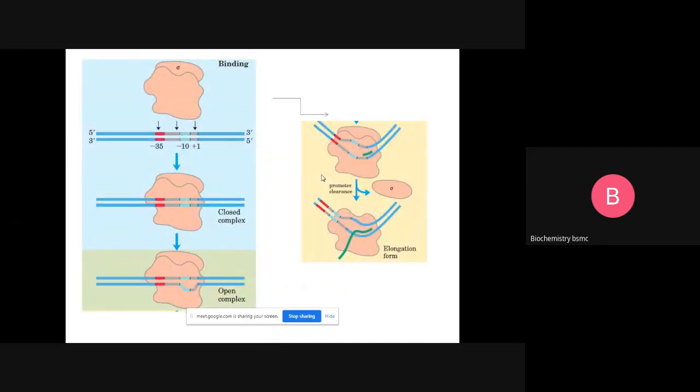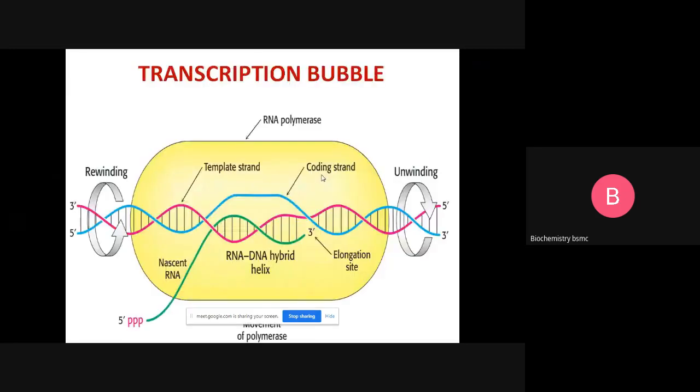So promoter clearance has occurred and the transcription initiation has started, and the sigma factor is now separated. The core enzyme is there, and this slide will show you the core enzyme, the polymerase. After the separation of the sigma factor, it will move towards the right, towards the plus side, more towards the 3' end in connection with the coding strand, and more bases will be added on.